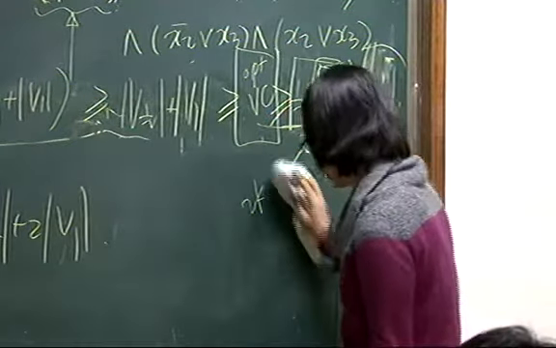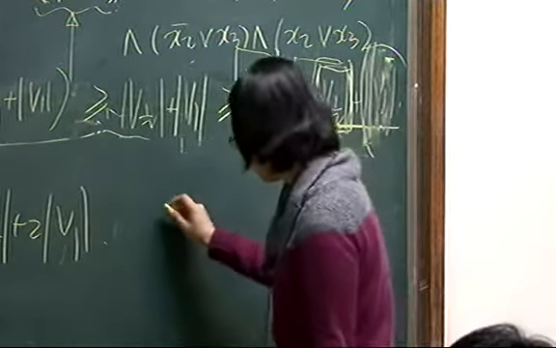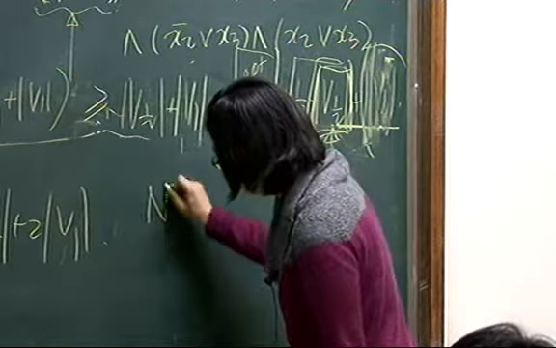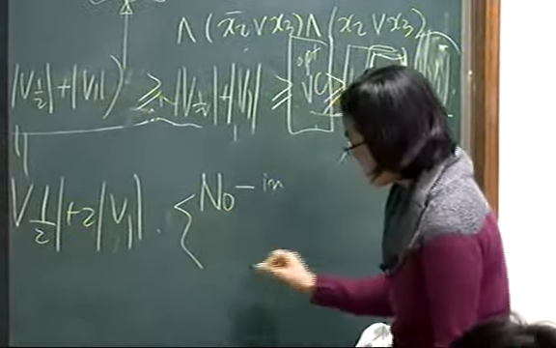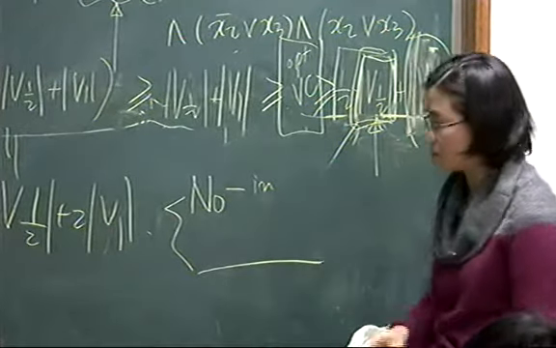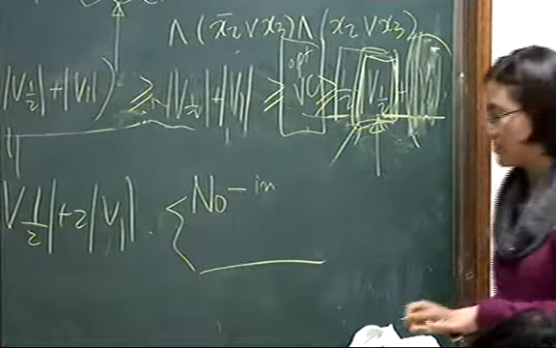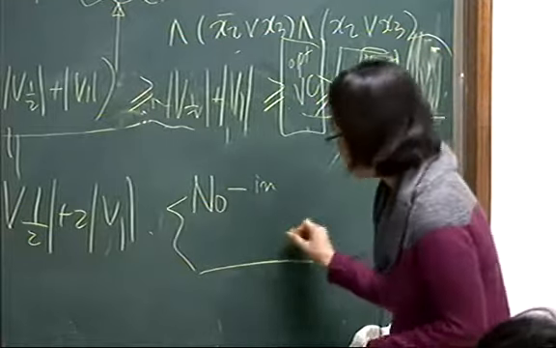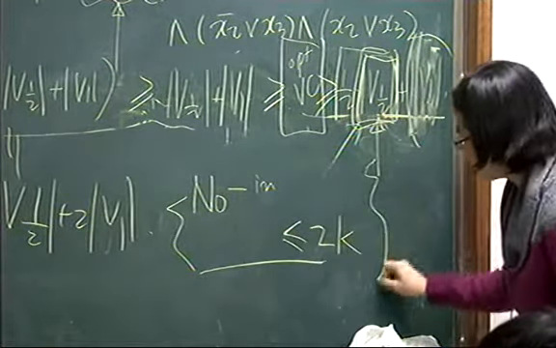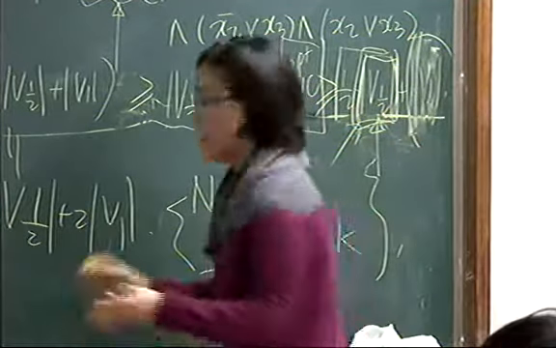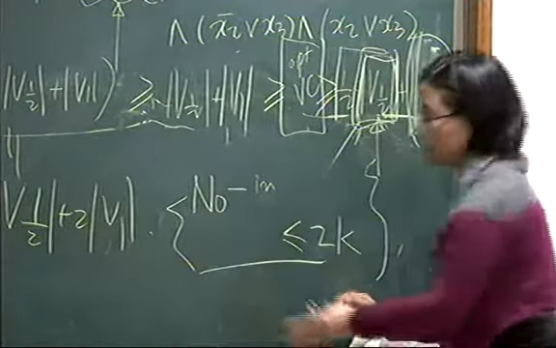So as a result, we have a statement that either the instance is a no instance or there is a kernel. We can reduce the problem into an equivalent instance whose size is bounded by 2k. This type of result is called kernelization, and the final instance we obtained is called a kernel.